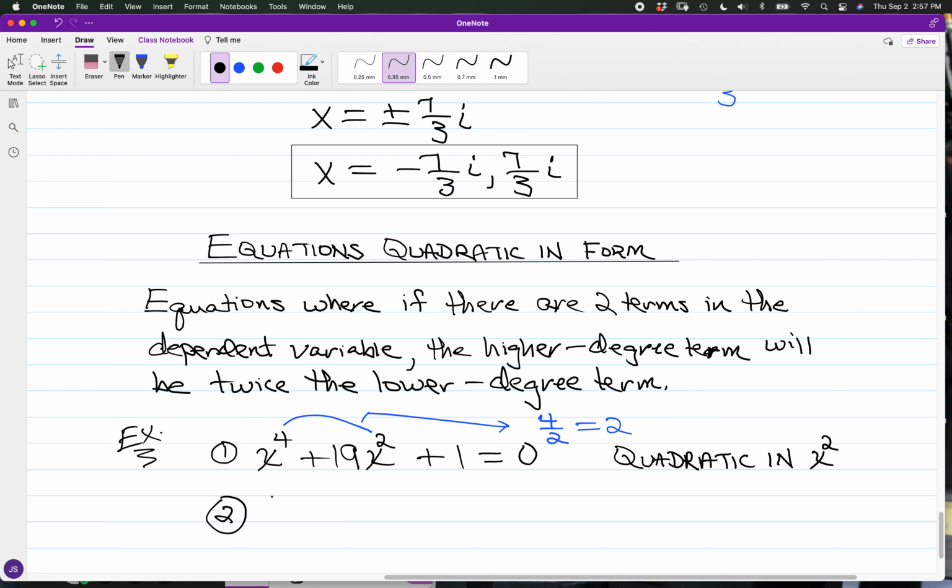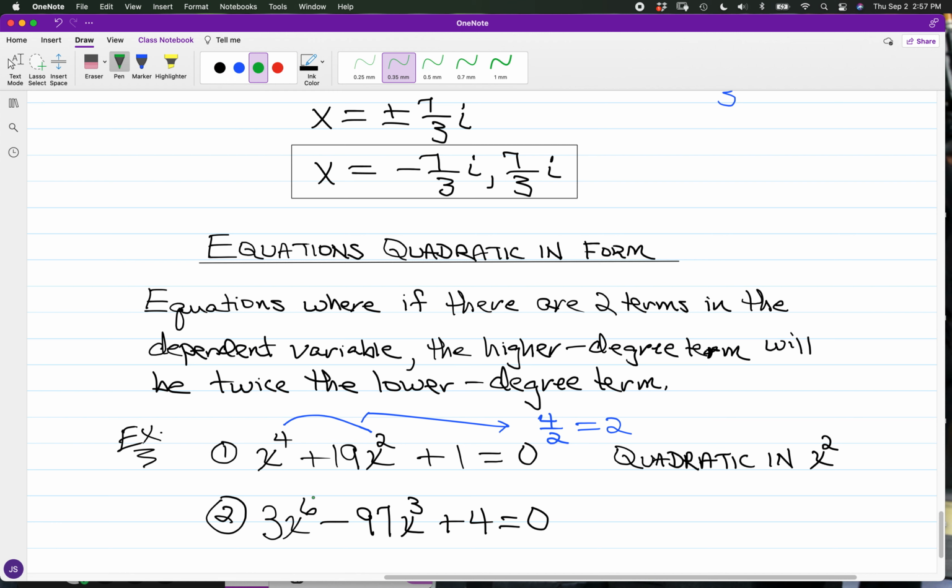Now let's say that as another case here. If I have 3 times x to the 6th minus 97 x to the 3rd, followed by the addition of 4 is equal to 0. Okay, so we've got two variable terms, and the higher degree term will be twice the lower degree.